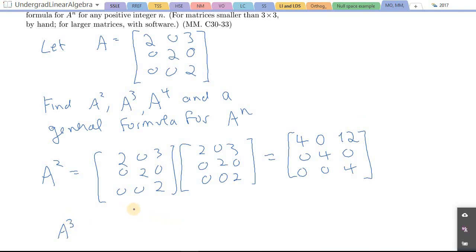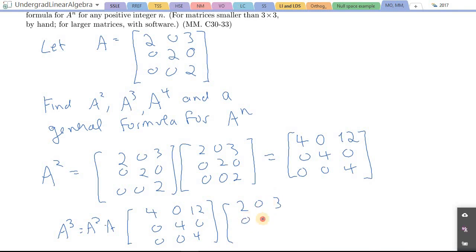Okay. So we can write that as A squared times A. So we can just do 4, 0, 12, 0, 4, 0, 0, 0, 4, times A, which is 2, 0, 3, 0, 2, 0, 0, 0, 2.